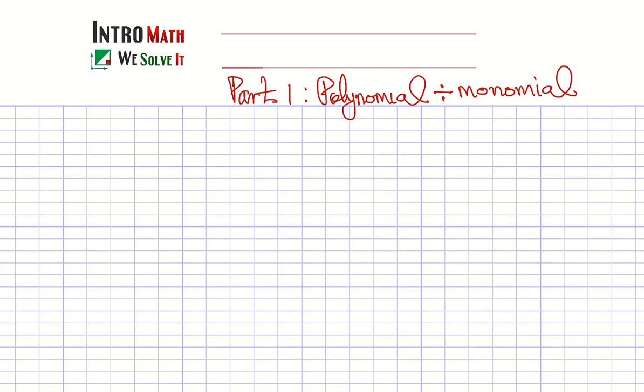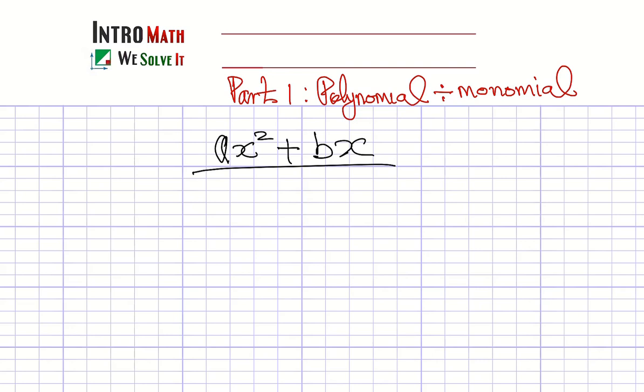Now, notice something. I want to show you something. Supposing you have something like ax squared plus bx, and then you divide it by one term.